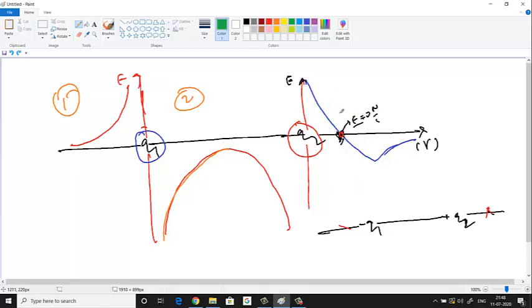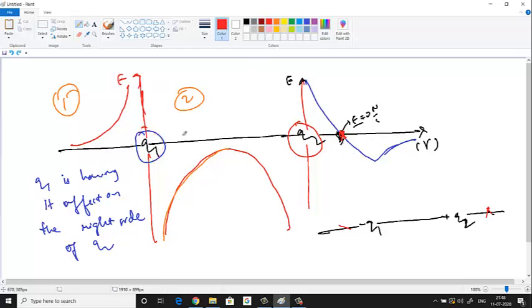Why zero? Maybe Q1 is so large that it has some effect on the right side of Q2. I showed you this example yesterday. So somewhere here, because of this Q1, the electric field is becoming zero.